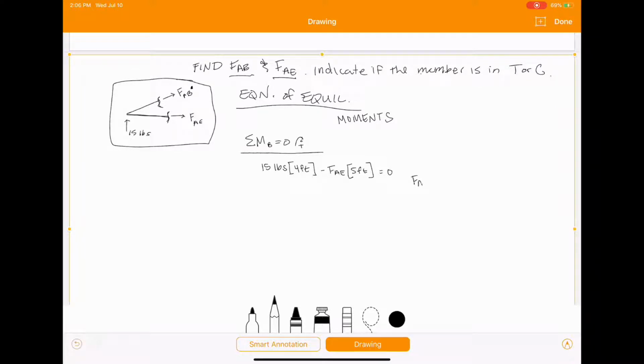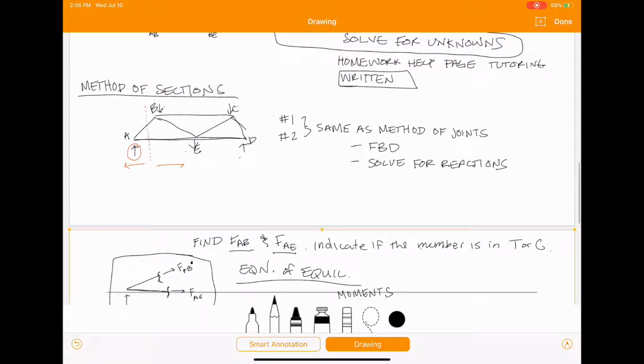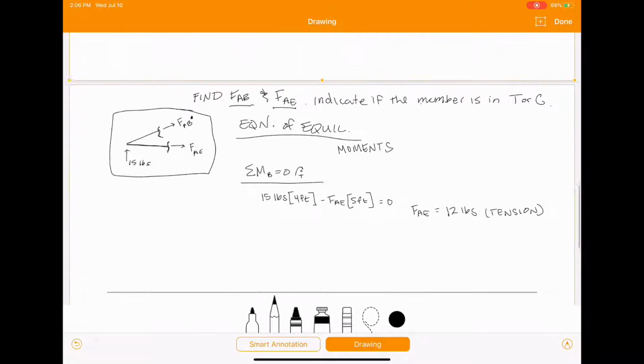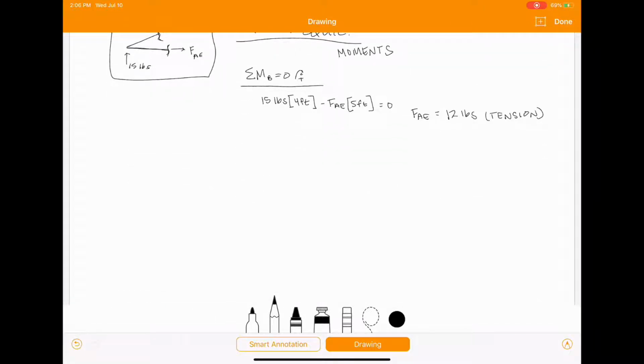So FAE equals 12 pounds. Positive, so it's in tension. Which, awesome for us. That's what we got right up here. So our answers match, so we did it correctly.